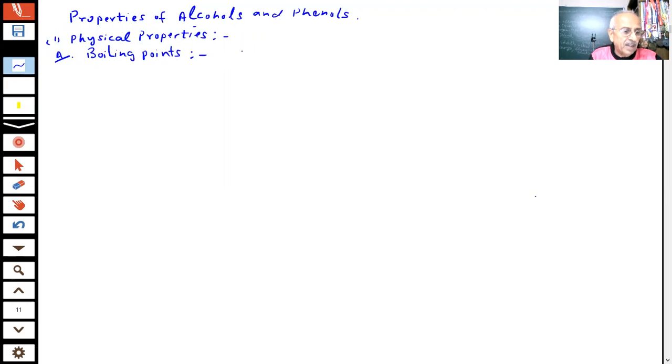In the case of alcohols, what type of parts do you have? Consider this is my alcohol, and this is your phenol. Here oxygen is negative, hydrogen is positive.